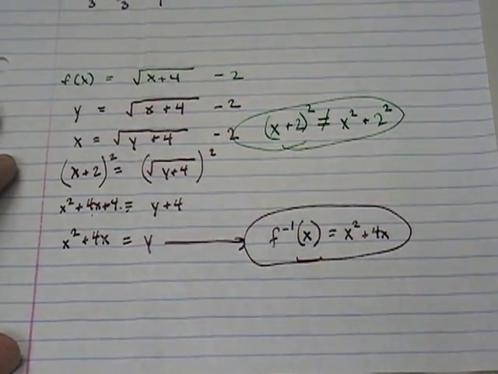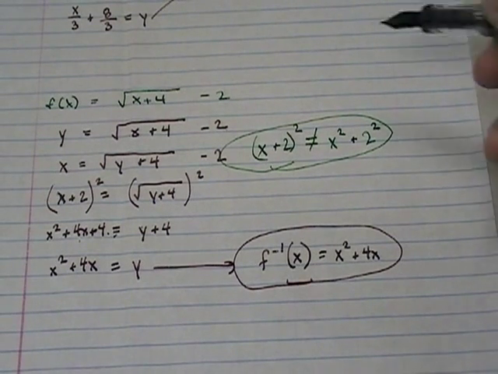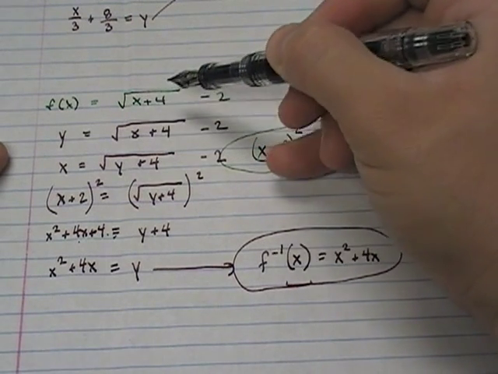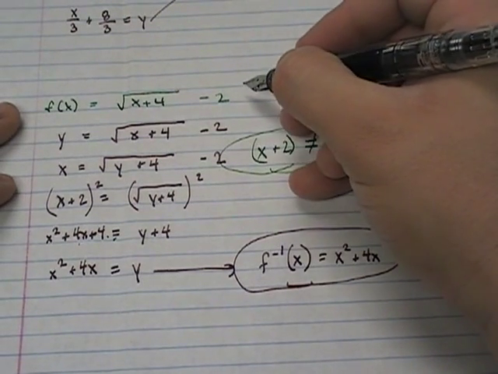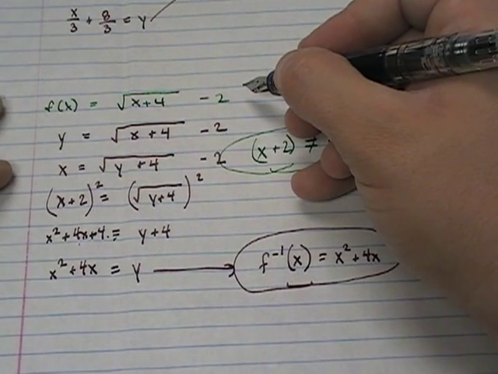Now, we have a minor problem here. If you look, your original function has a domain restriction. What does that mean? Well, anything that makes this radical negative will give us an imaginary result, which we cannot graph on the real plane.